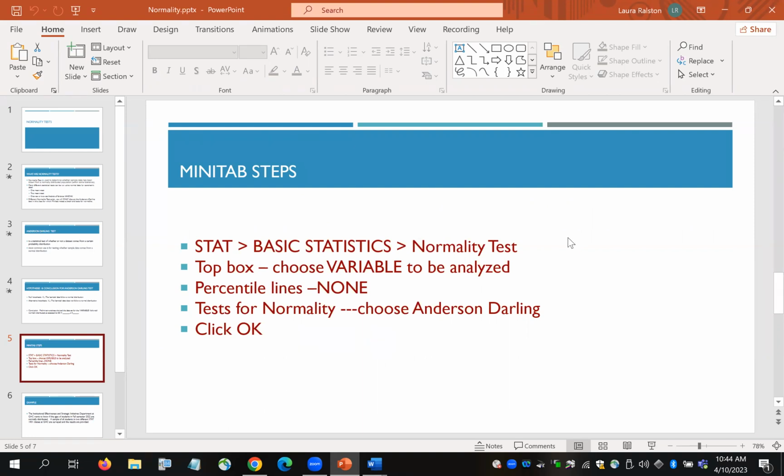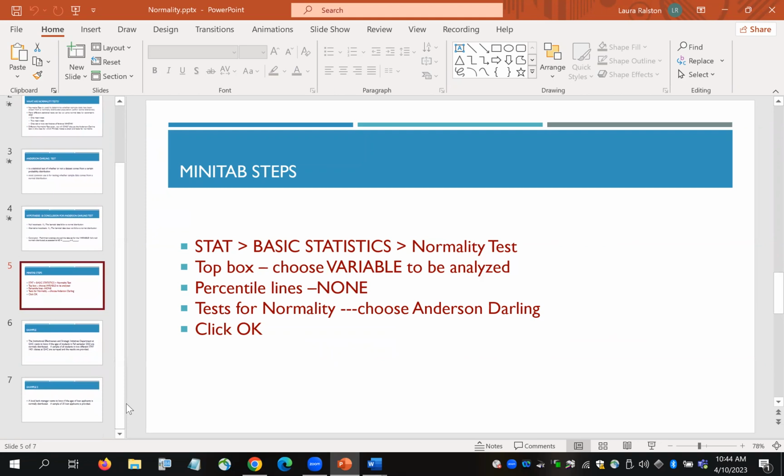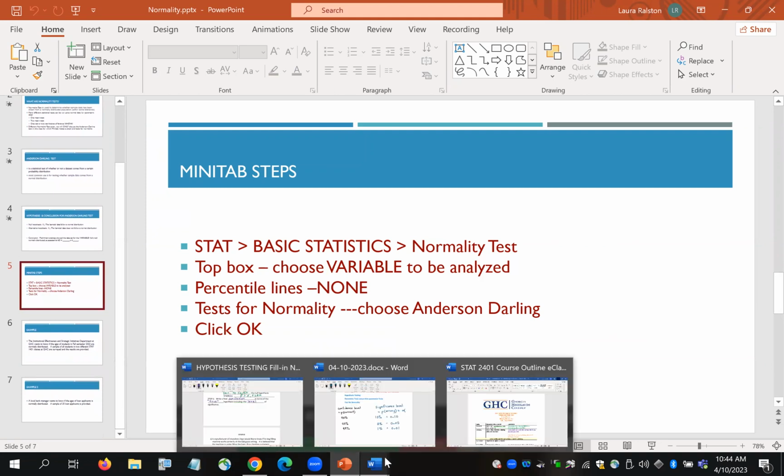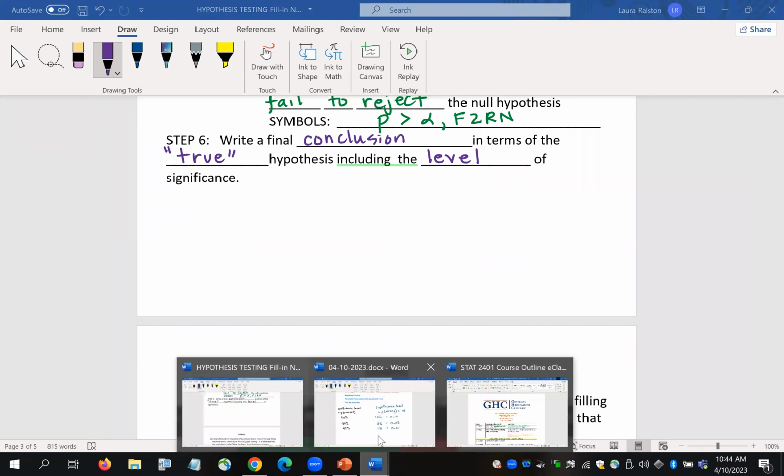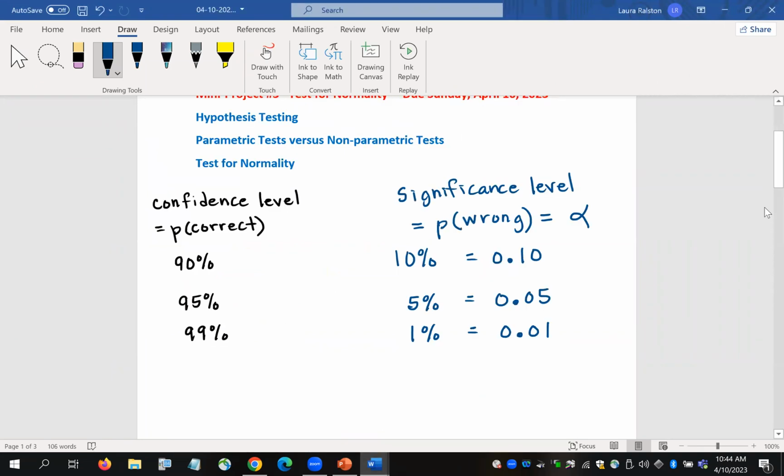Then we have a couple of examples, and I've copied those over to my paper, to our outline for today.